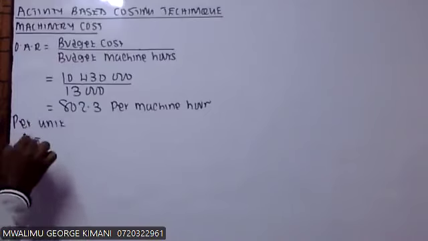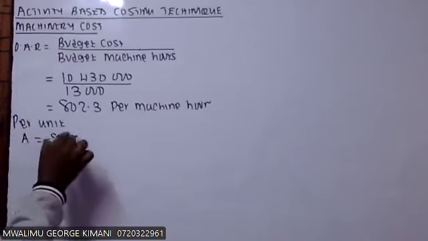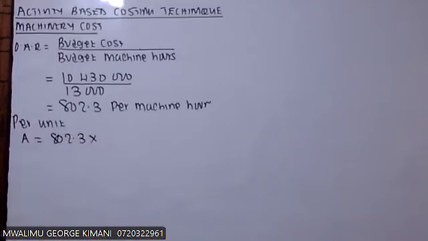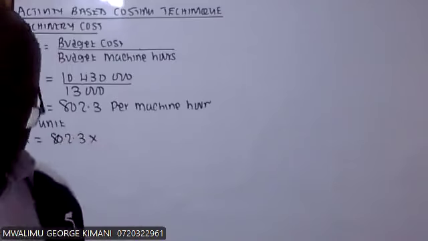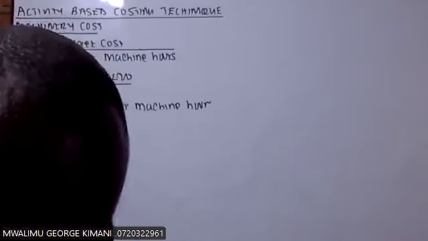So we start with product A. Product A will get 802.3 times the machine hours. The machine hours are 4.